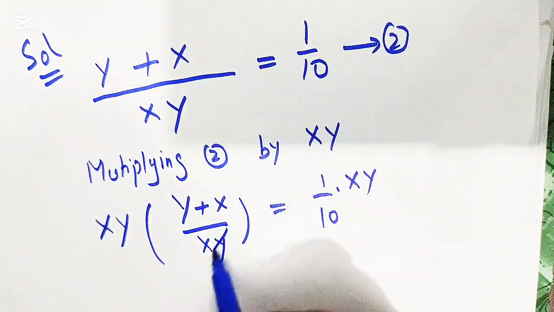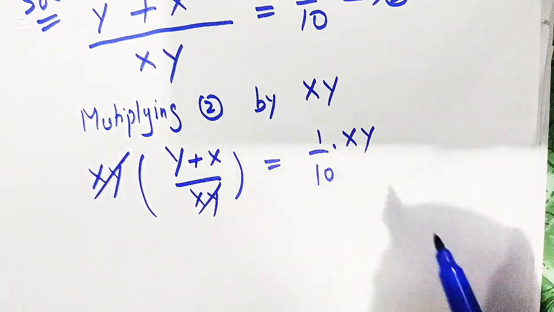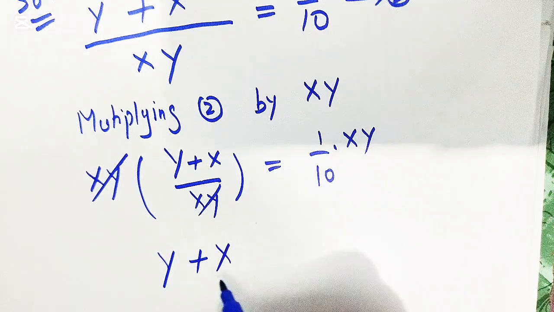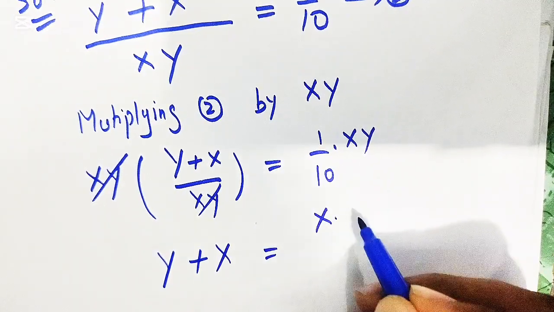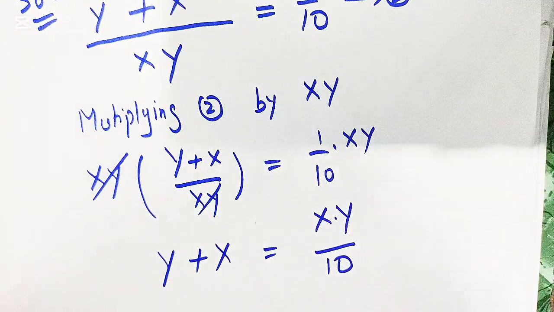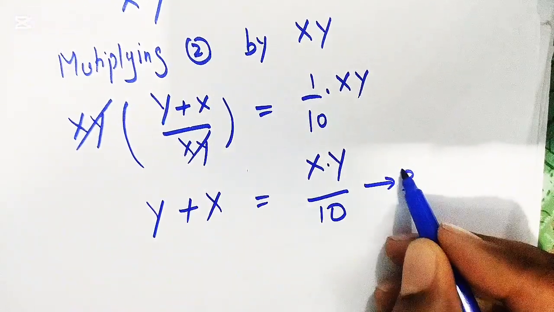Now xy cancels with xy, and I simply have y plus x is equal to xy over 10. I will call this equation number 3.